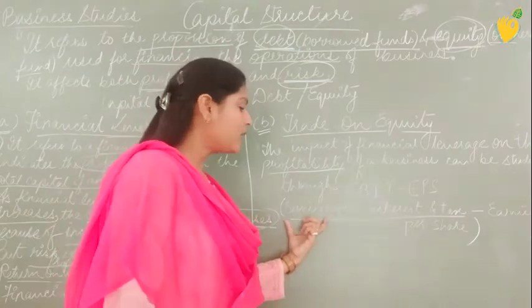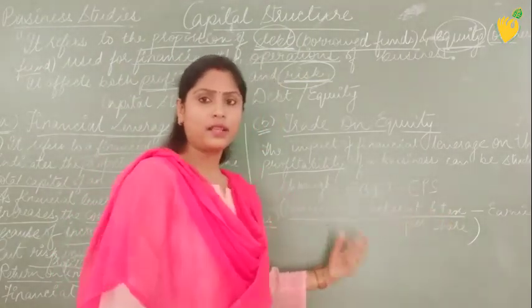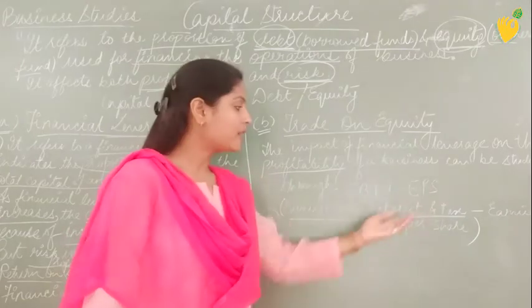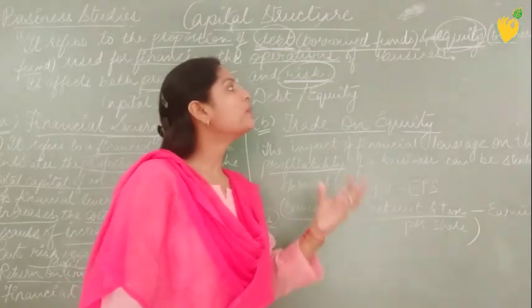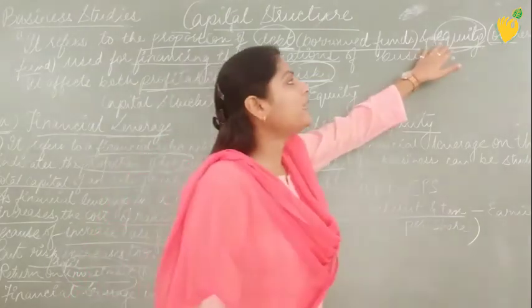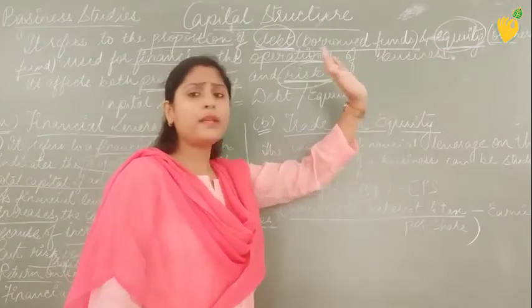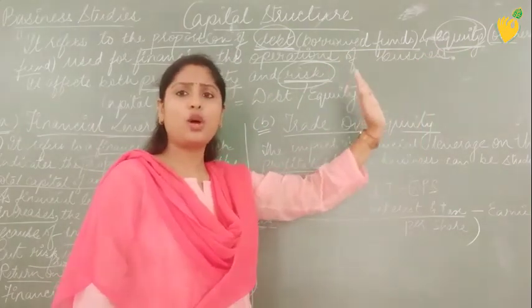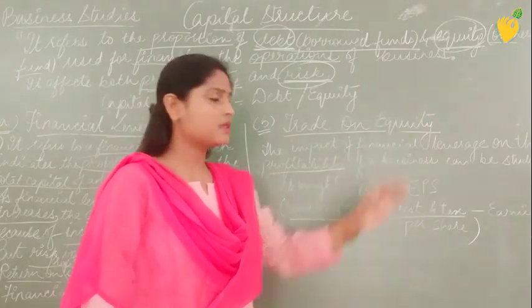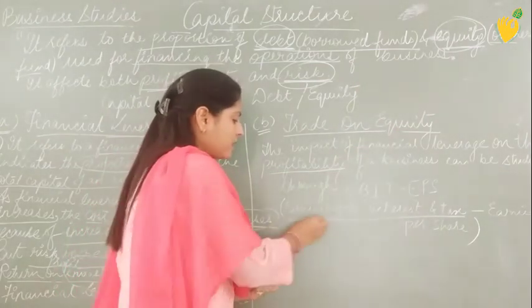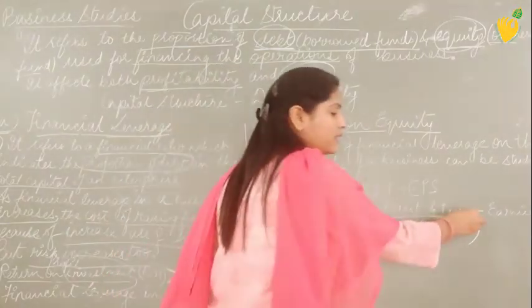The interest has to be paid to the security holders, the tax has to be paid to the government, and only then the amount which is left will be distributed among the equity shareholders. It can also be kept as retained earnings. That's the job of the organization, what it does with its remaining funds, with its savings. So here it is an earning which is before interest and tax.